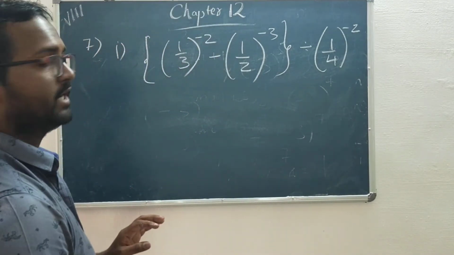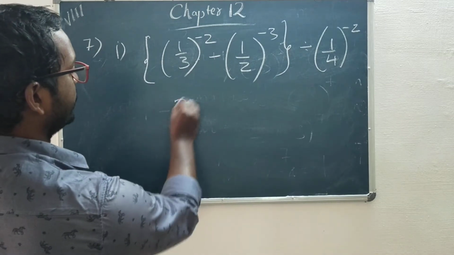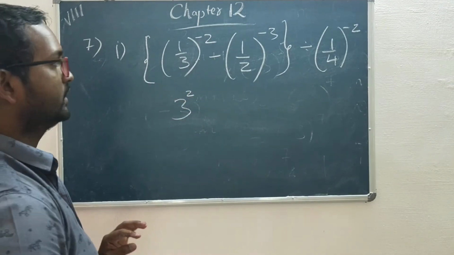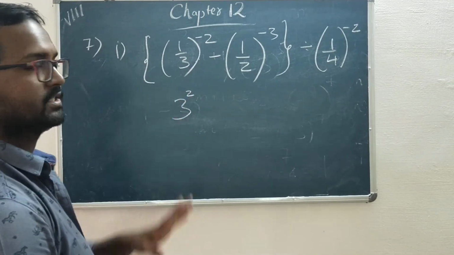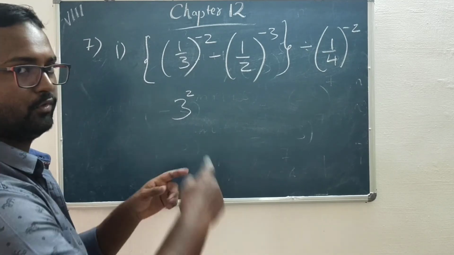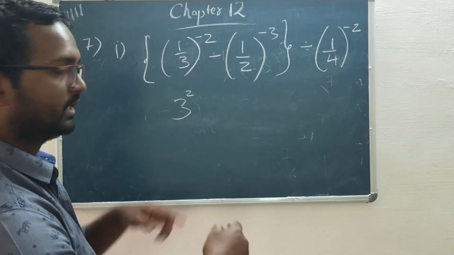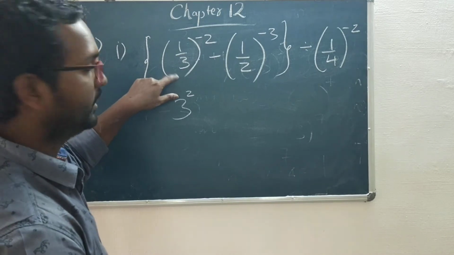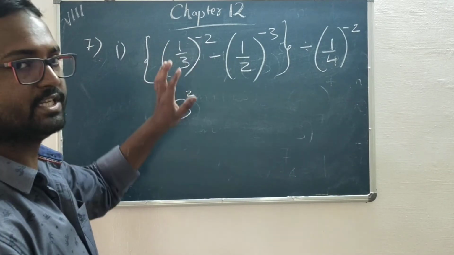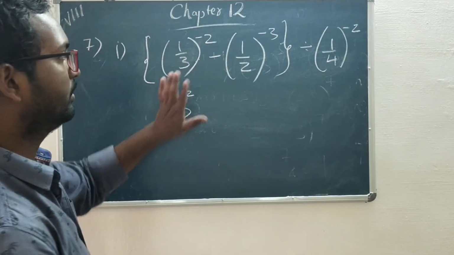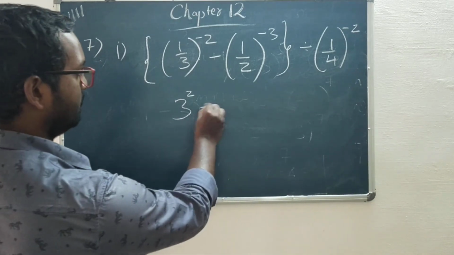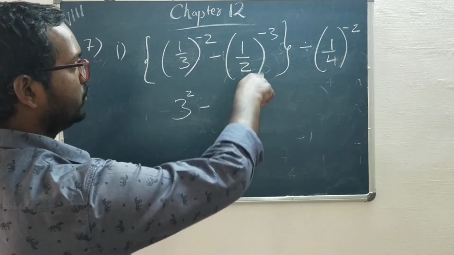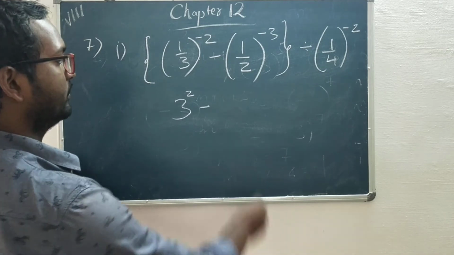1 by 3 power minus 2 is actually equal to 3 power 2. We have to take reciprocal. When reciprocal is taken, 1 will come in the denominator and 3 will go to the numerator, and the sign will change, it will become positive. So 3 power 2. Very simple. Minus 1 by 2 power minus 3 becomes 2 power 3.